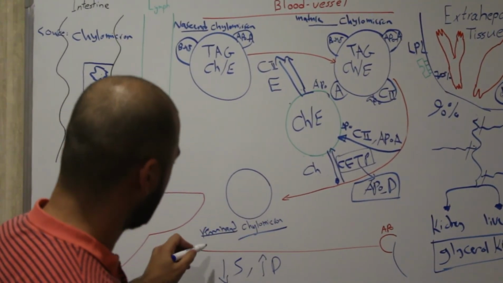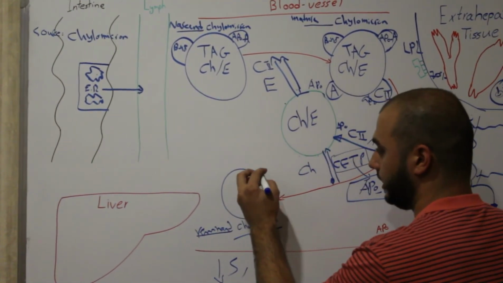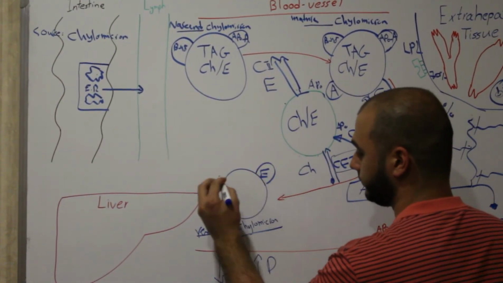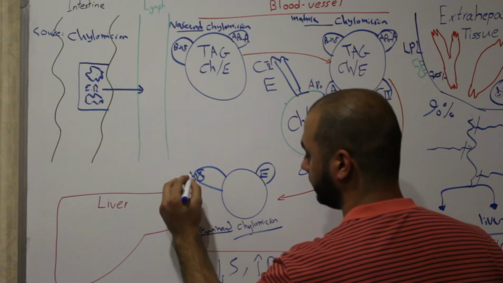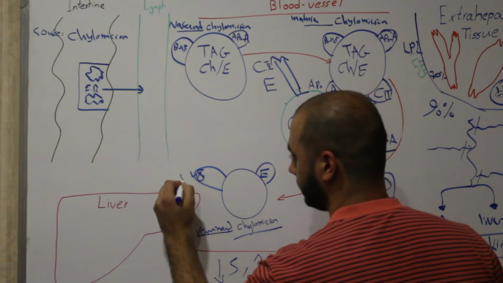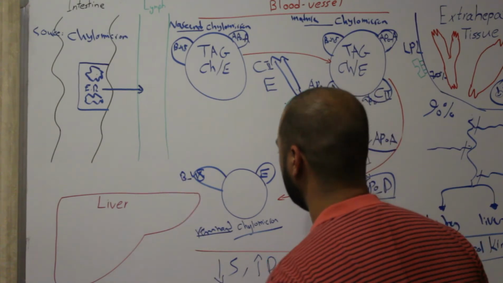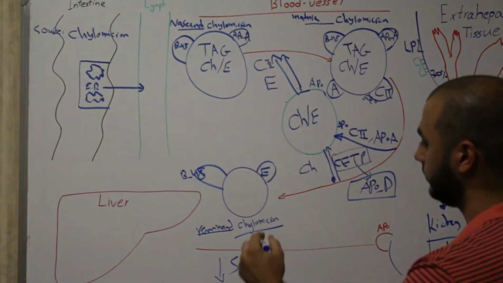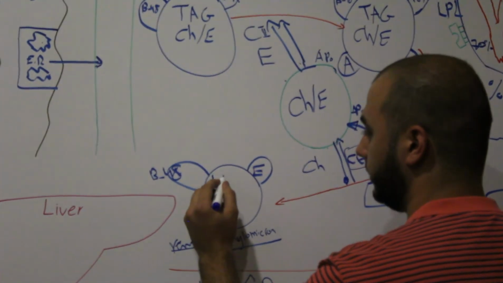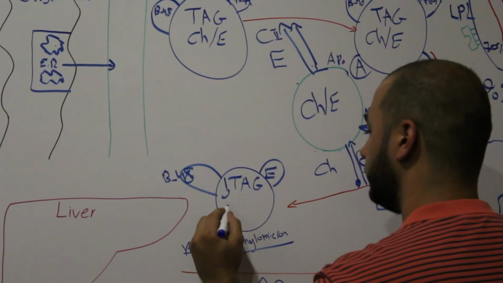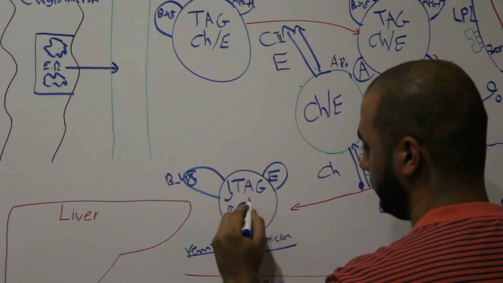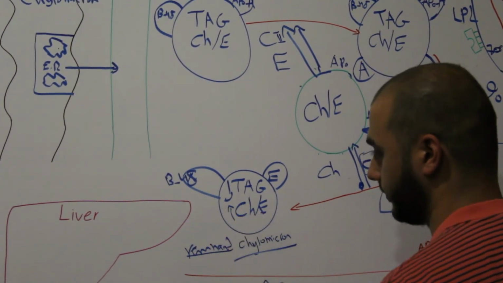Then this remnant chylomicron will have apoprotein E and apoprotein B48, with a minimum amount of TAG, triacylglyceride, and with higher cholesterol ester and cholesterol.